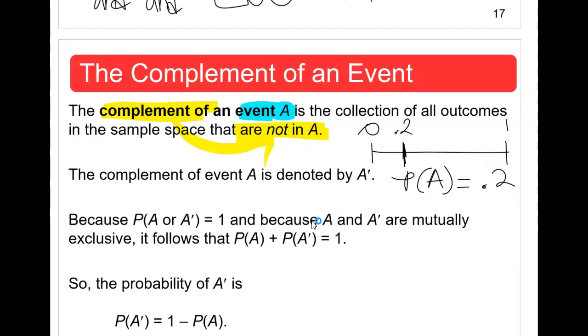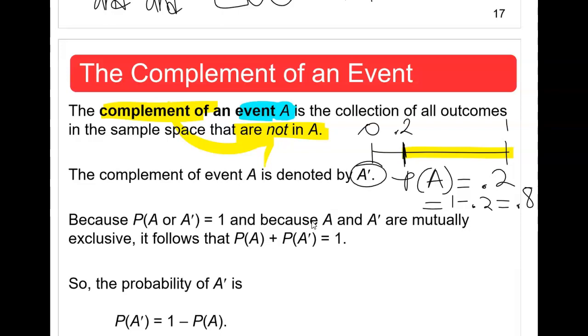The probability that event A will not occur is going to be whatever is not in the 0.2, but is still part of that 1 of the total. You could find this by subtracting 1 minus 0.2, and that will give you 0.8. And we denote the complement, as you can see here, with an apostrophe.